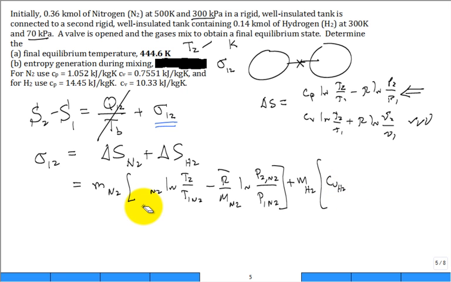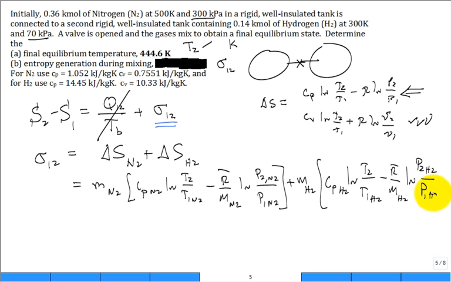Oh, C sub P. Sorry, did I write C sub V? It's C sub P. C sub P of the hydrogen, natural log T2 over T1 of the hydrogen, minus R bar divided by molar mass of the hydrogen, natural log P2 of the hydrogen divided by P1 of the hydrogen.